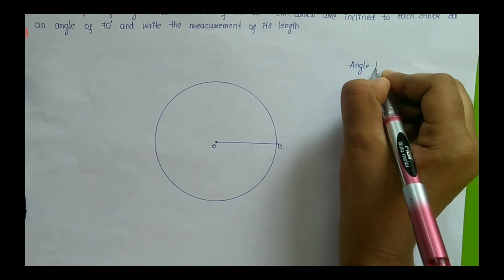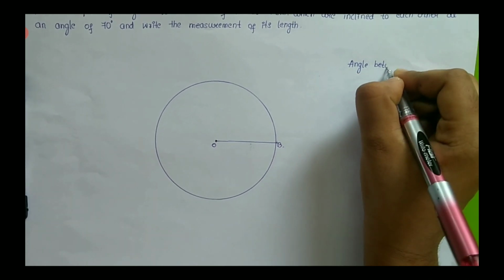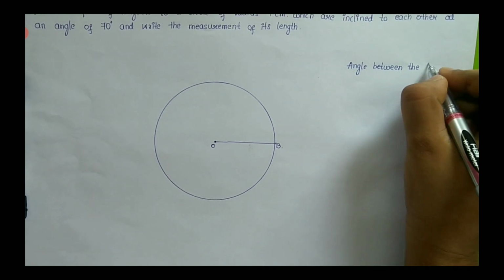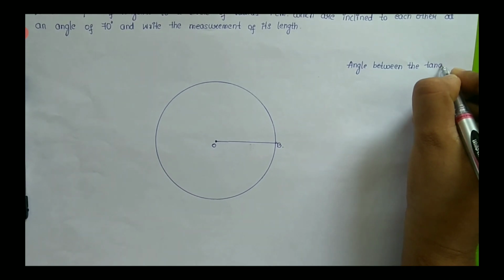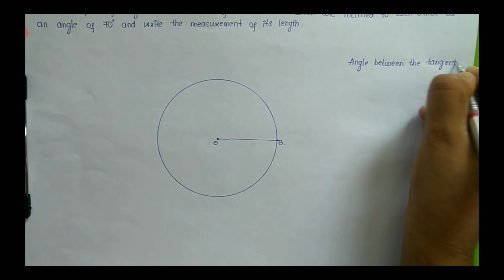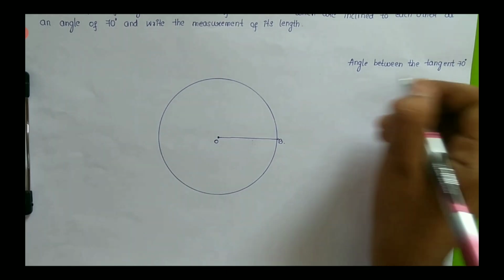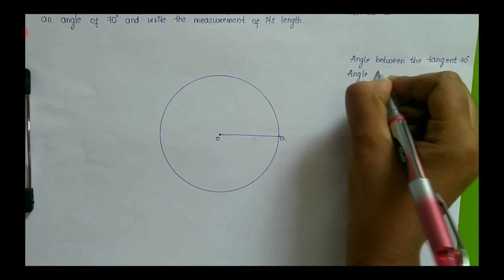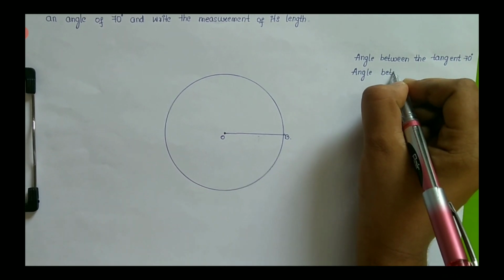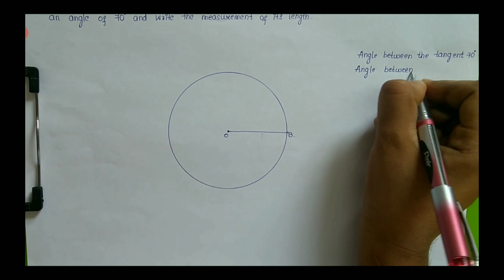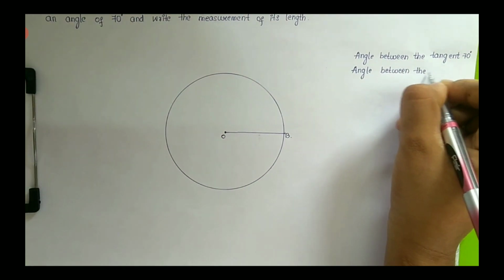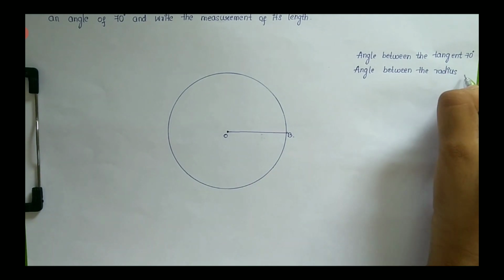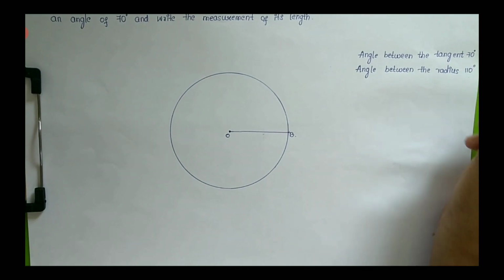So it is given the angle between the tangents is 70 degrees, and the angle between the radii equals how much? 110 degrees.